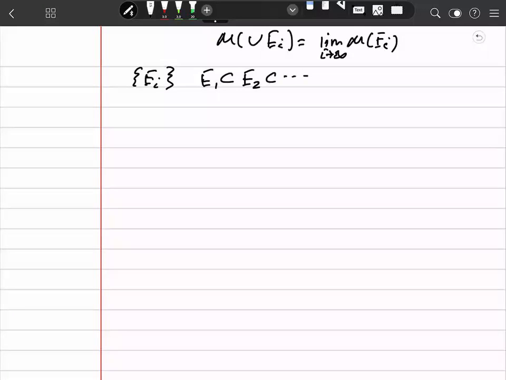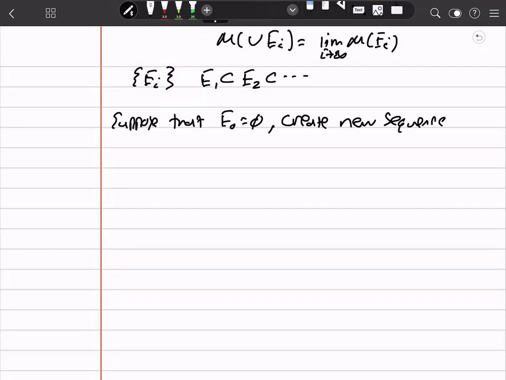We're going to use a little trick here, as we did in the previous example. We can create a new sequence. Suppose that E0 is equal to the empty set.